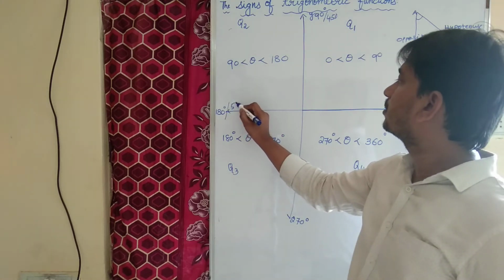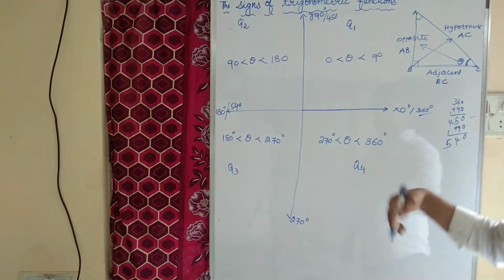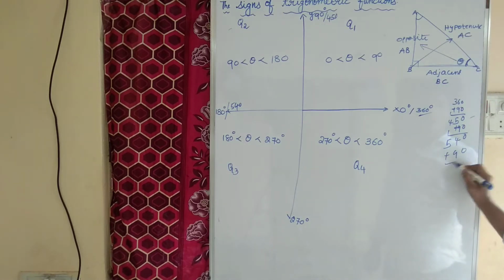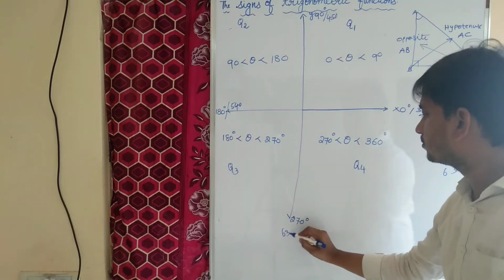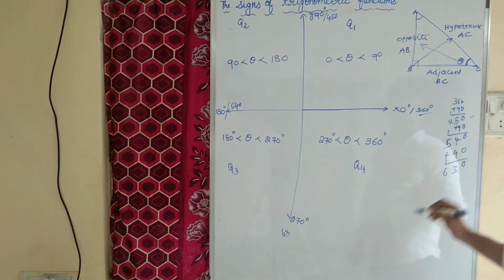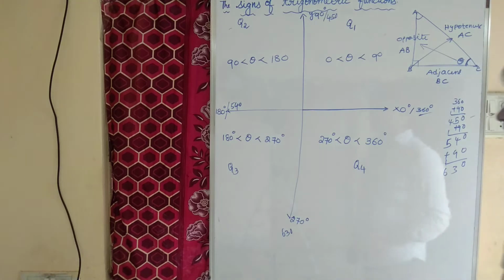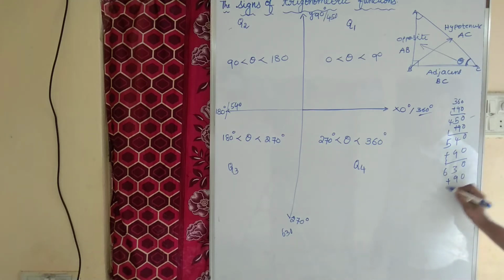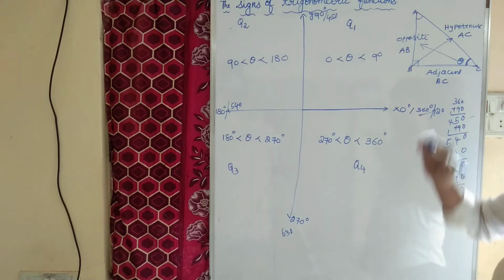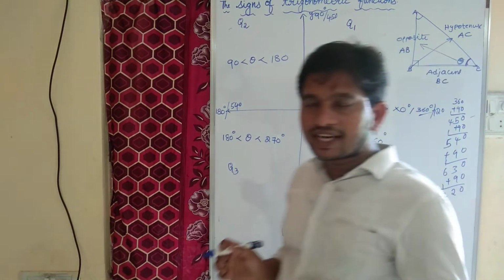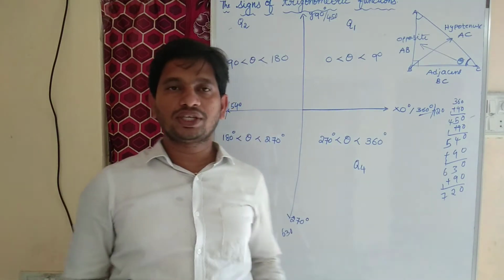Again 540 plus 90, that is 630. Then 630 plus 90, again 720. Okay, so this is the second rotation. In this way, again second rotation, third rotation, fourth rotation, etc.